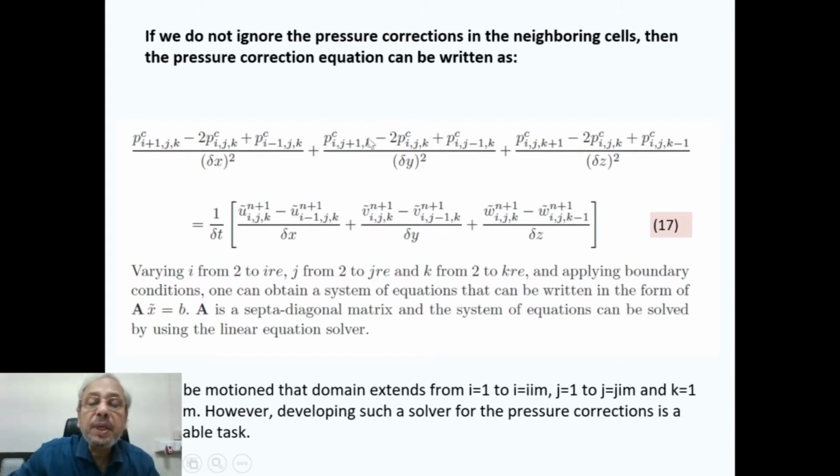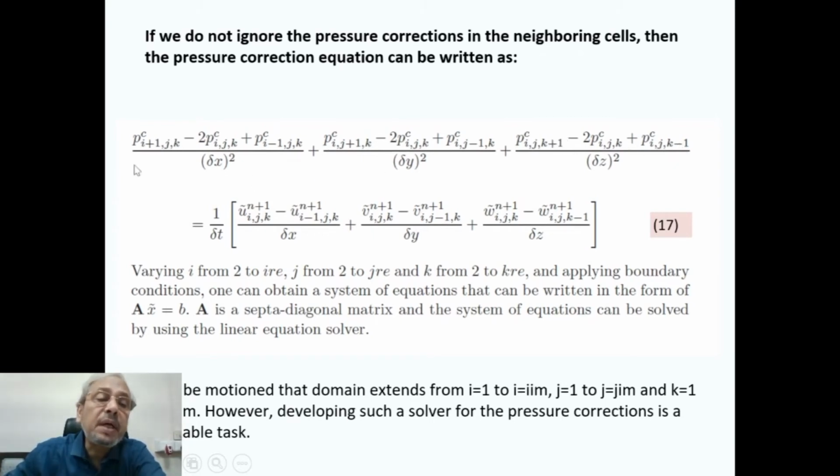Similarly, for delta y square, we will retain P'(i,j+1,k) minus twice P'(i,j,k) plus P'(i,j-1,k). So these two neighbors are retained by delta y square, and basically the terms associated with P(i,j,k) by delta z square are P'(i,j,k+1) and P'(i,j,k-1).